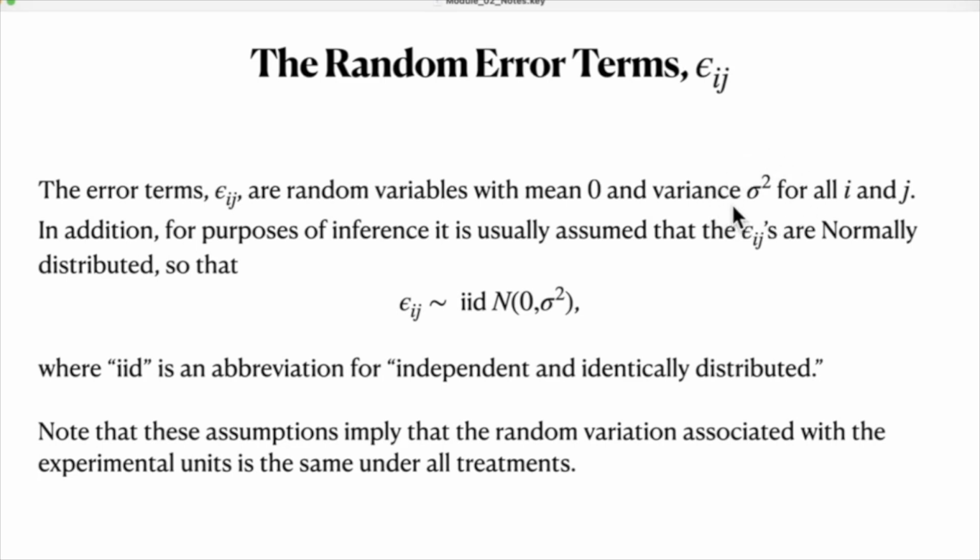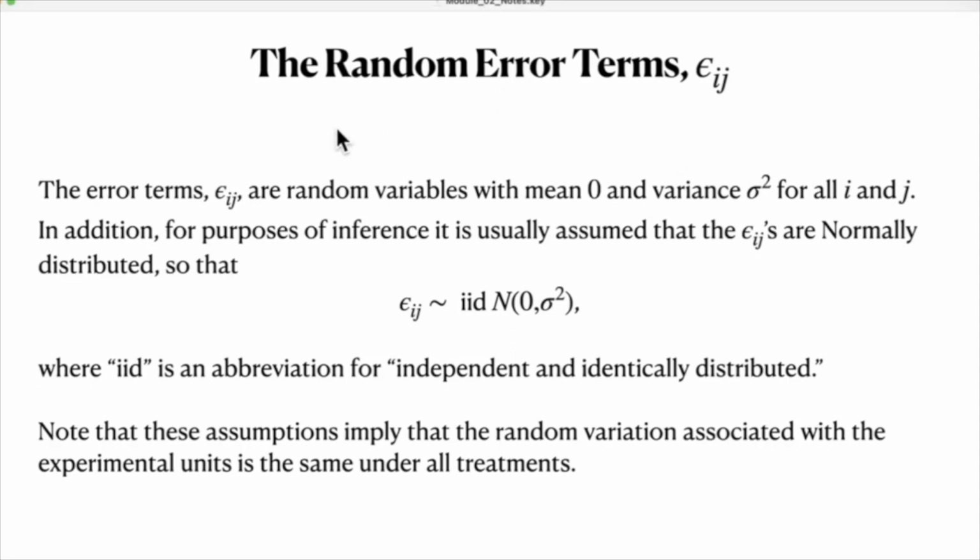All right, the variance of the epsilon ij's is sigma squared, and again, we don't know sigma squared. We have to estimate it from the data, and in fact, as you know from doing an analysis of variance in your first methods classes, we have to have an estimate of sigma squared in order to perform hypothesis tests where we are comparing the means of populations.